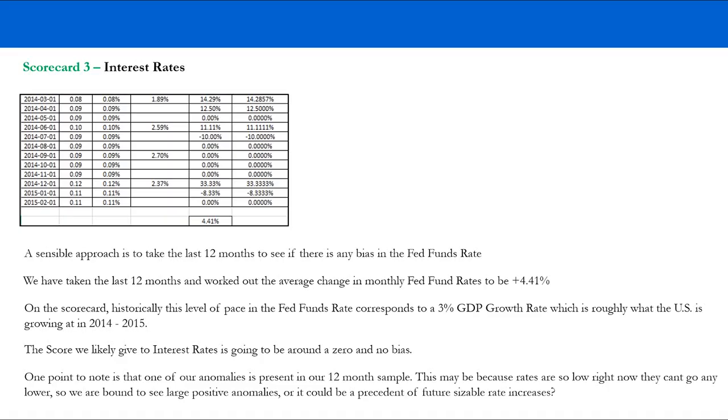And one point to note here is that actually when we look at the anomalies, one of our anomalies is actually present in our current 12-month sample. And this might be because rates are actually so low right now that they can't go any lower. So we're bound to see large positive anomalies occasionally, or it could be potentially a precedent of future sizable rate increases.